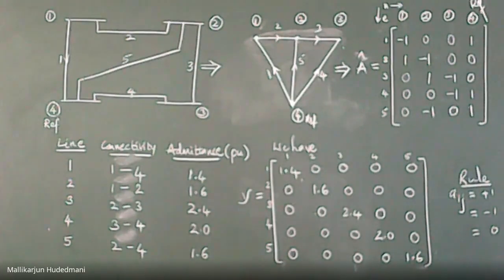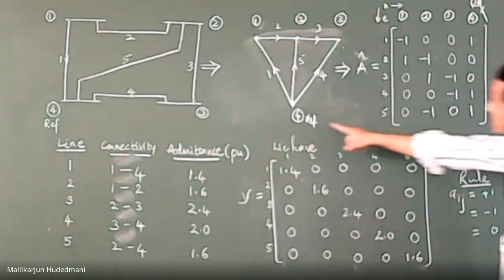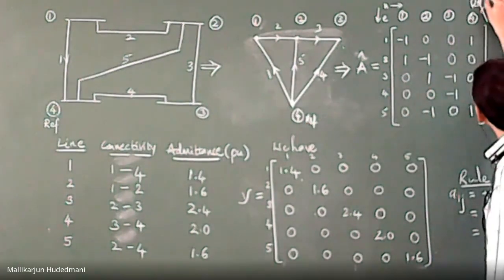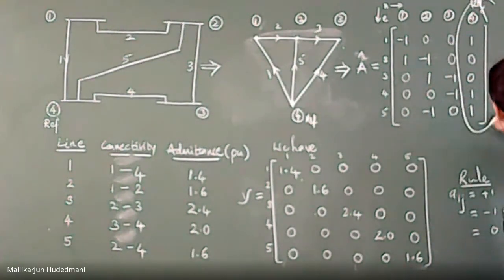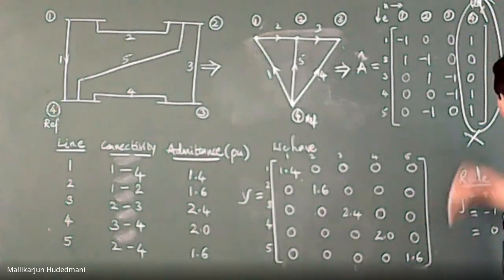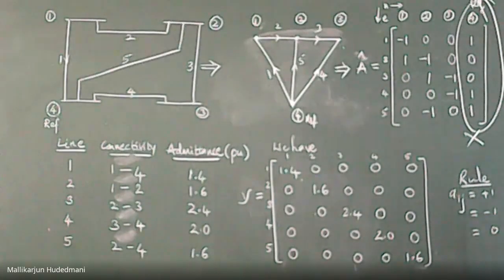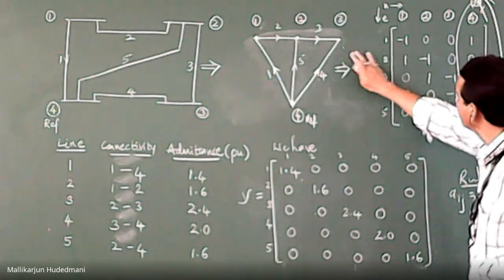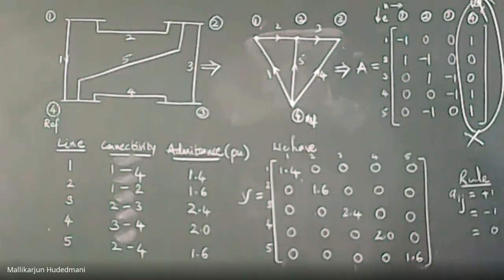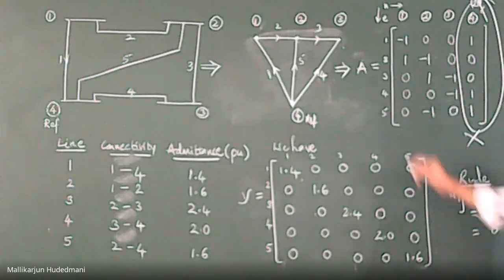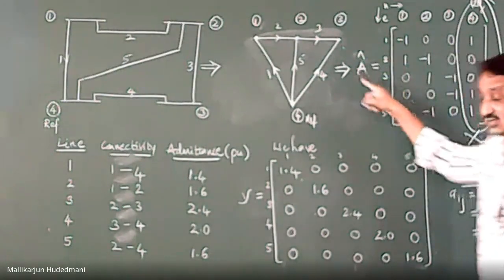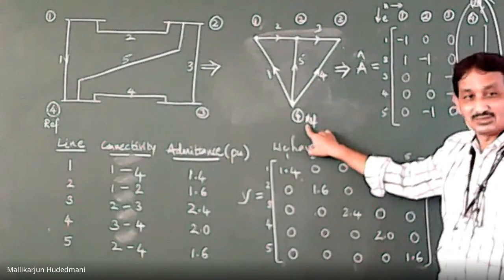Actually, what was your need? The A matrix. Therefore, the reference bus column you have to delete. You have to cancel that particular column, then this is going to become A. Now you know why I did A cap: it is not always that the fourth bus is the reference.